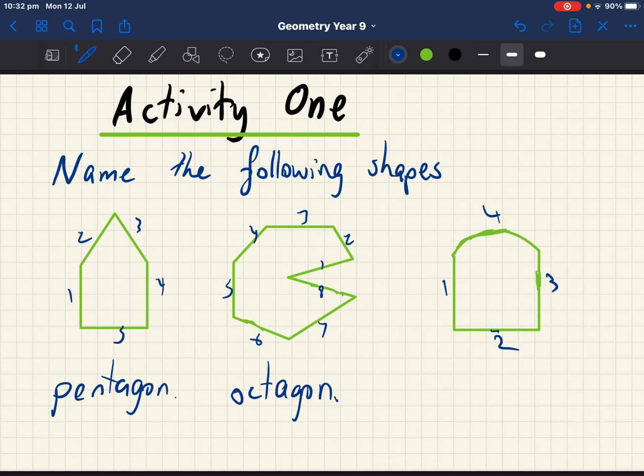I guess technically, if you wanted to break it down, this is a shape we would call a composite shape because it's made up of 2 separate shapes joined. You've got what appears to be a quadrilateral down the bottom with part of a circle stuck on top of it. So in this case, there's no real answer there for it.